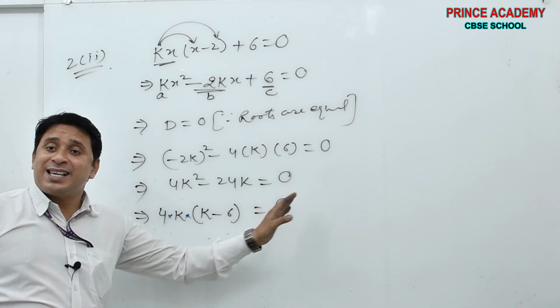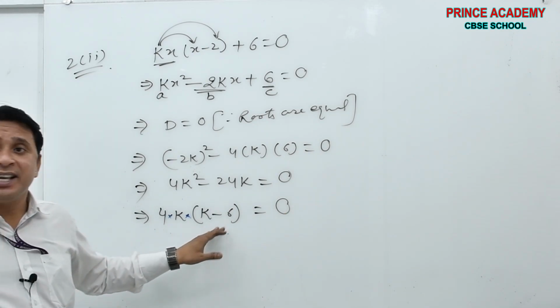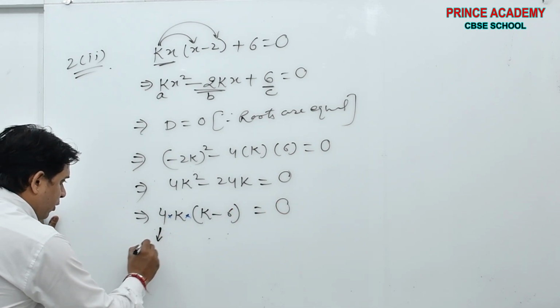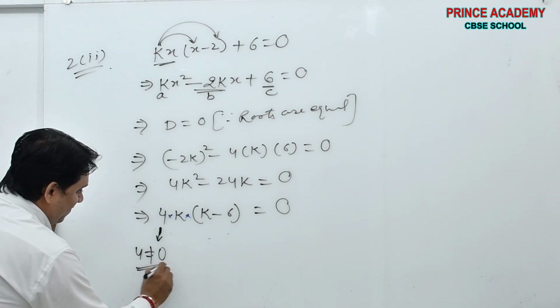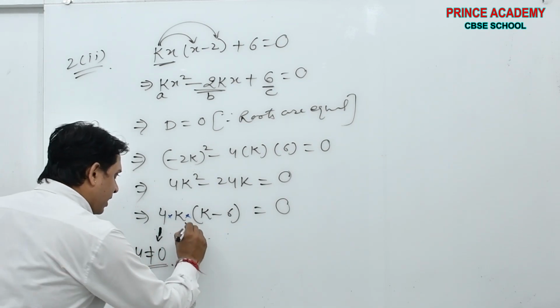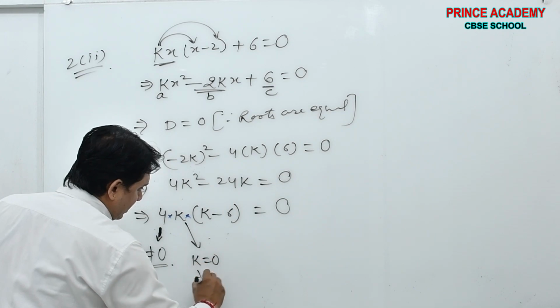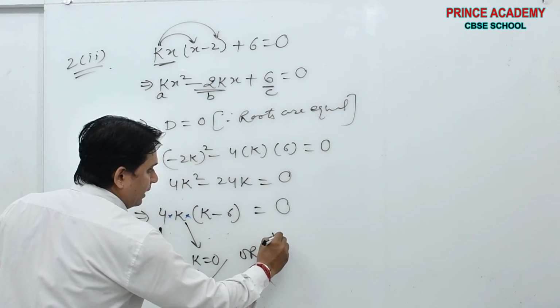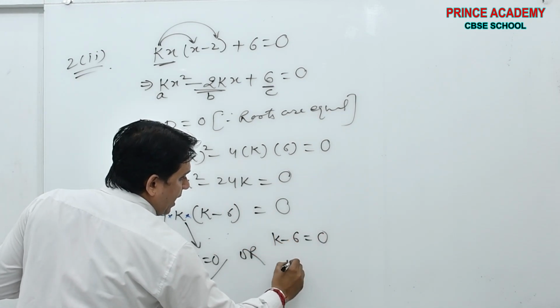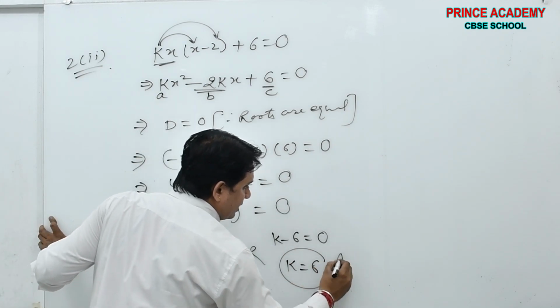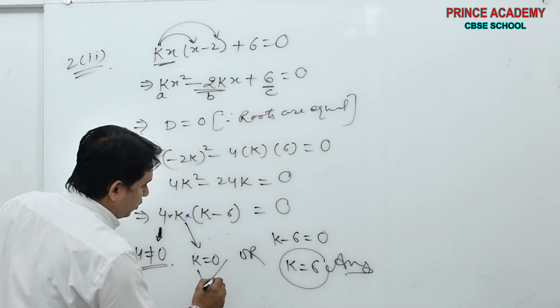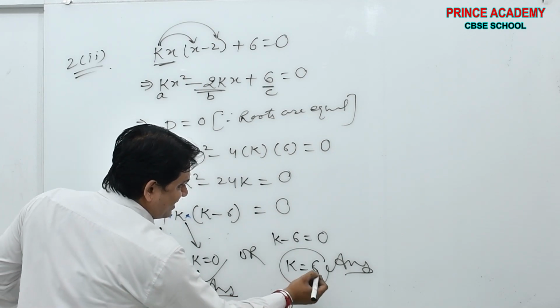Product of three things is 0. Either of the three is 0. But 4 can't be 0. Yes, k can be 0, or k minus 6 can be 0. From here you will get k is equal to 0 or k is equal to 6.